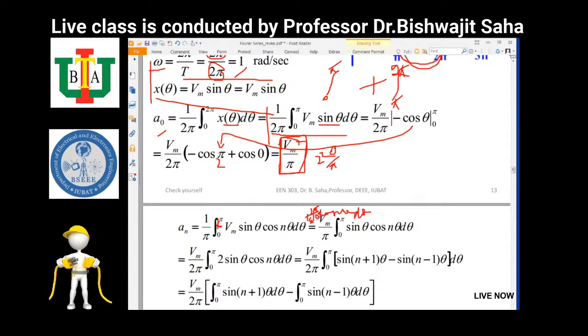So this term is 0. That's why we made it one line shorter.